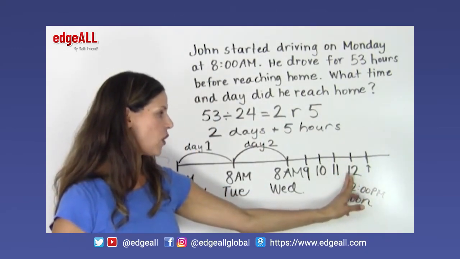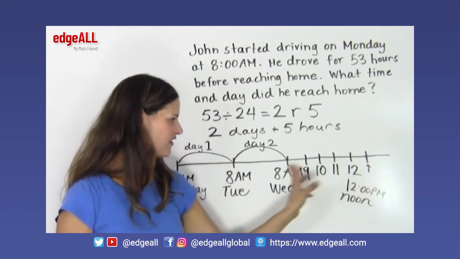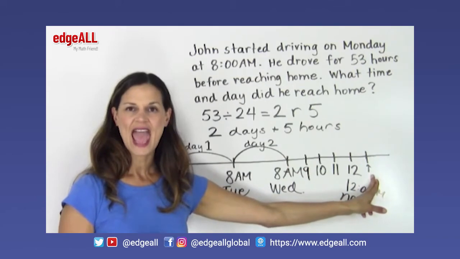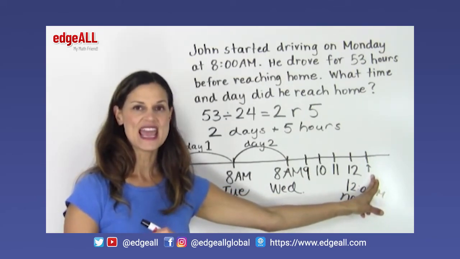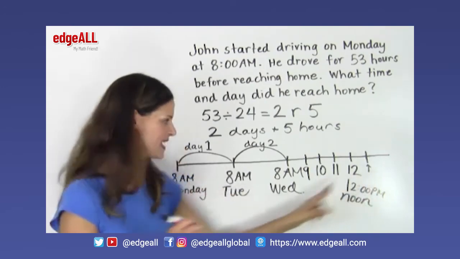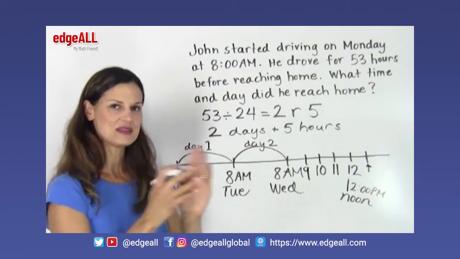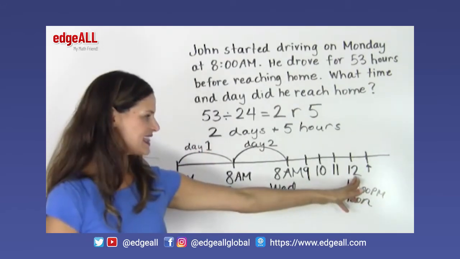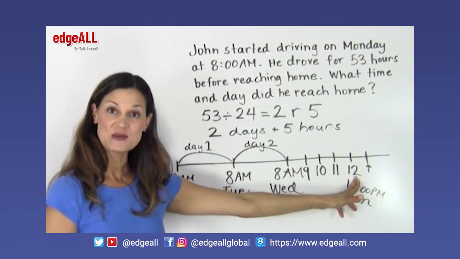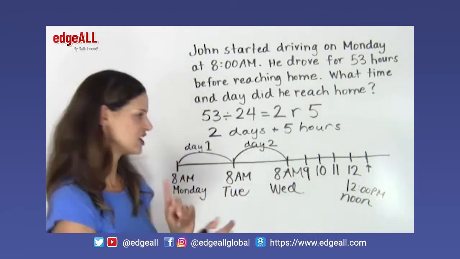And we need to go 1 more hour past that to get to the 5-hour mark. And 1 more hour past 12 o'clock noon is 1 o'clock p.m. Remember, when we switch from a.m. to p.m. or from p.m. to a.m. and we hit that 12 o'clock mark, then we start over, counting again, starting with 1 o'clock.